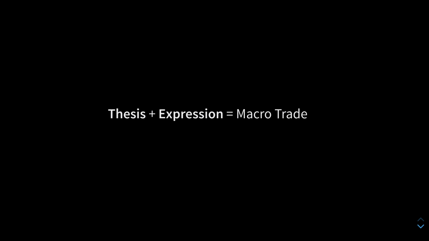I'm only mentioning this because a few years ago, this was a problem. I did have a bad time because I had a thesis. It was 100% correct. Everything that I expected to happen happened exactly. But my expression was 100% wrong, and it was disastrous, right?